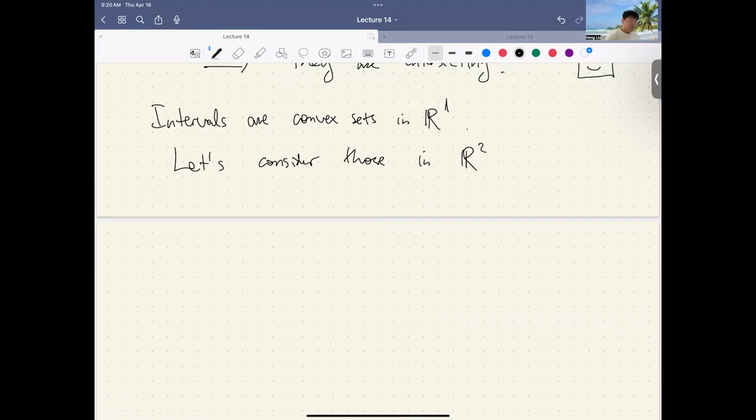So now instead of a collection of intervals, we have a collection of convex sets in the plane. And we want to say some statements like, if you have n convex sets in the plane, how large of a subcollection you can always find that are pairwise intersecting or pairwise disjoint.